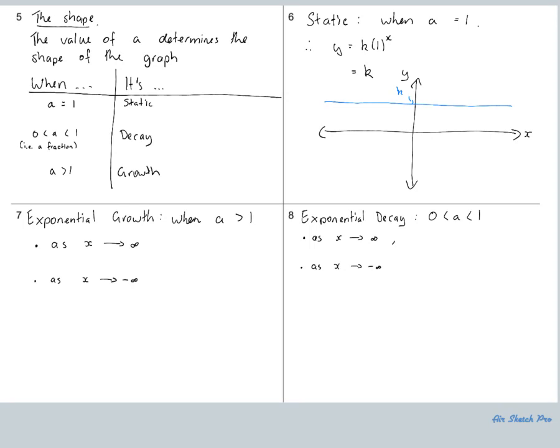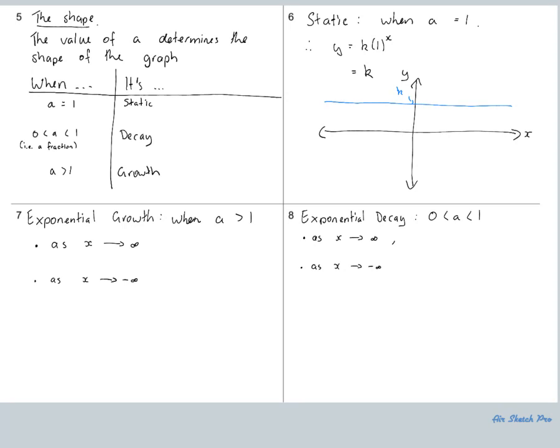That is exponential growth when A is greater than 1. So I'm going to put the summary notes into AirSketch, but I'll just do a little bit of explanatory work as we go along. And what you'll see here is that I've asked you to consider what happens as x approaches infinity and x approaches negative infinity.